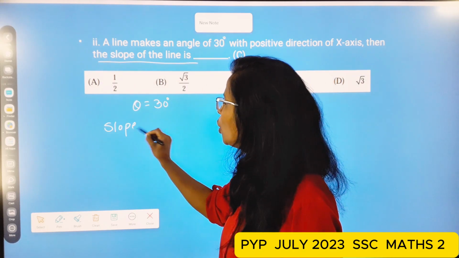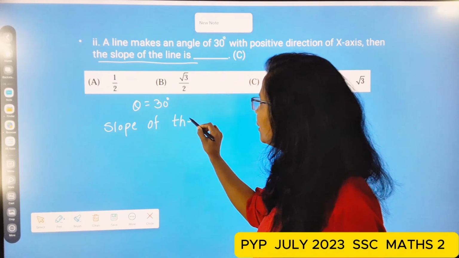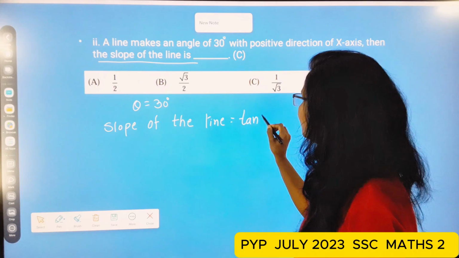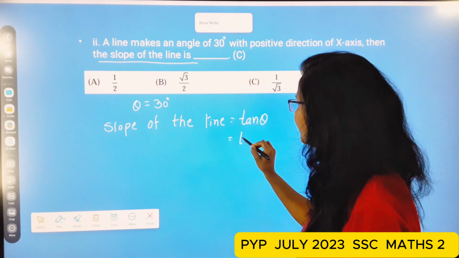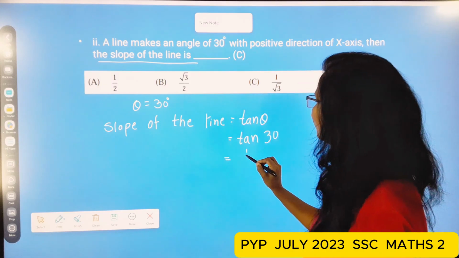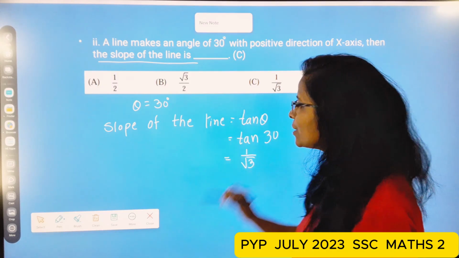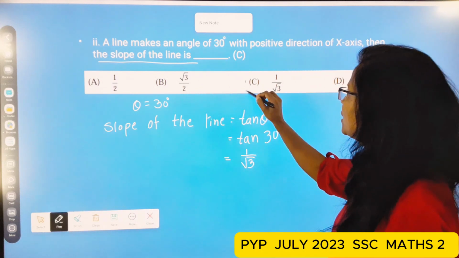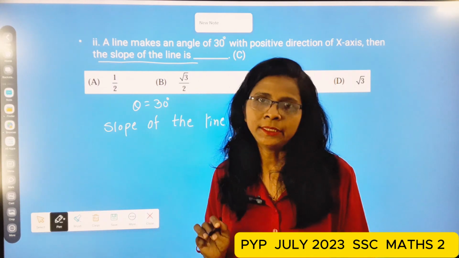Slope of the line is equal to tan theta. This is the formula. So tan 30 means 1 upon root 3. So the correct option is C, 1 upon root 3.